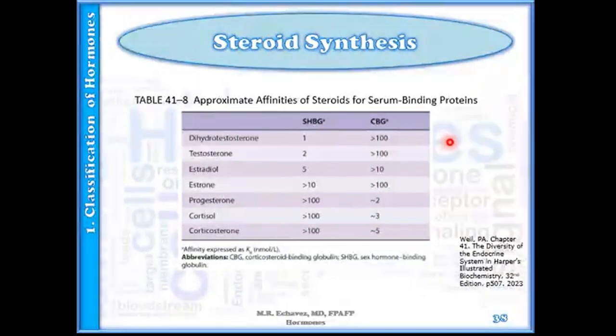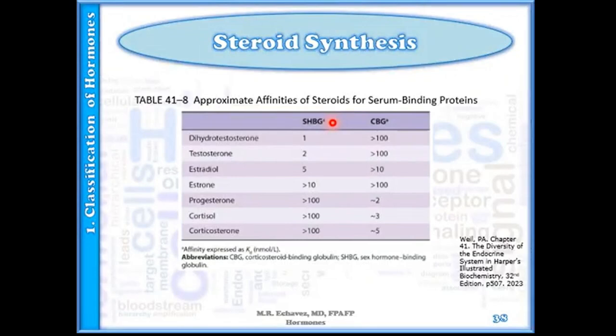Now your gonadal steroids are transported by your sex hormone binding globulin. You can see here that your SHBG is a beta globulin that binds testosterone with specificity, relatively high affinity, and limited capacity.